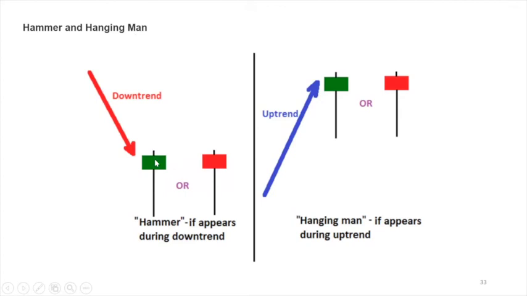A lot of people will tell you that when this appears during the downtrend you buy and the price will go up, and when it appears during the uptrend the price goes down. That is a totally wrong and confusing statement.